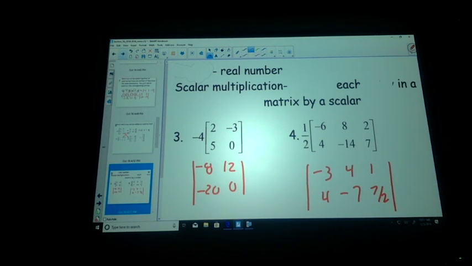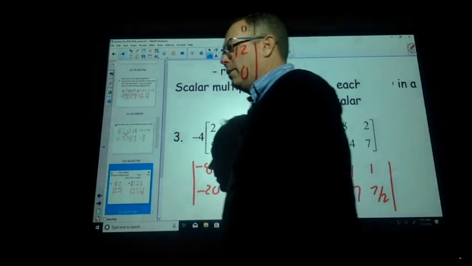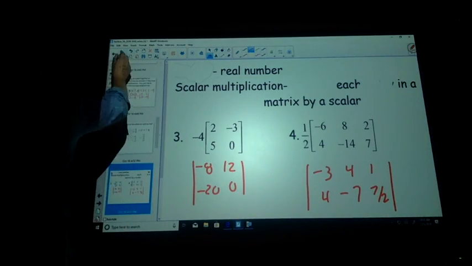You say 7 halves, not 3.5. I would keep it as a reduced improper fraction. But what if the half was 0.5? Then I'd make everything decimals. Can I move on? Yes, sir.